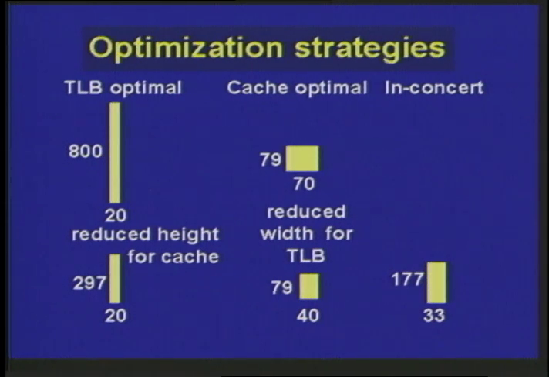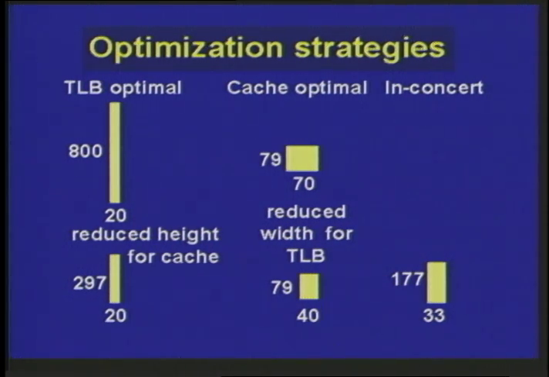The second strategy we're going to look at in this game is to first look at cache, and optimize with a single-level cost function just for cache. If we do that, we wind up choosing in this second column this very square tile. And square tiles have a good computation to communication ratio. So when you don't have odd-looking modules like TLBs, you often get square tiles.